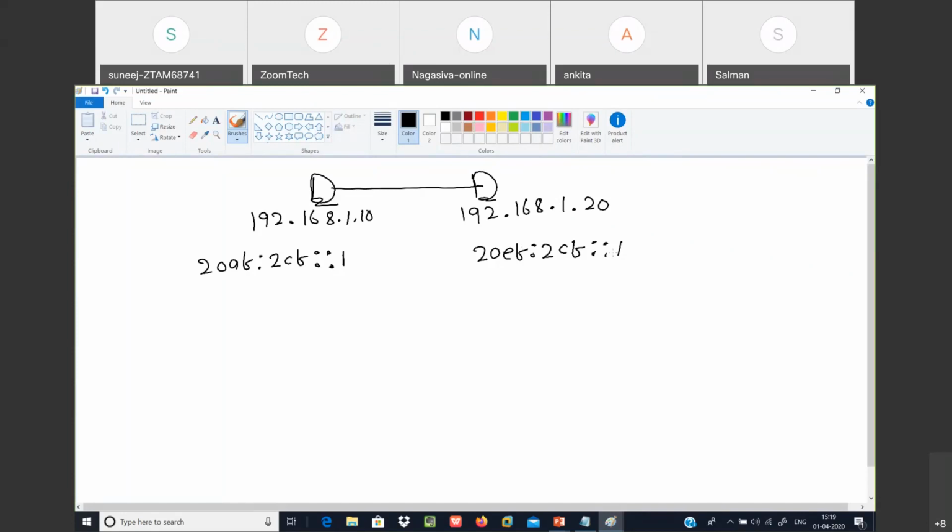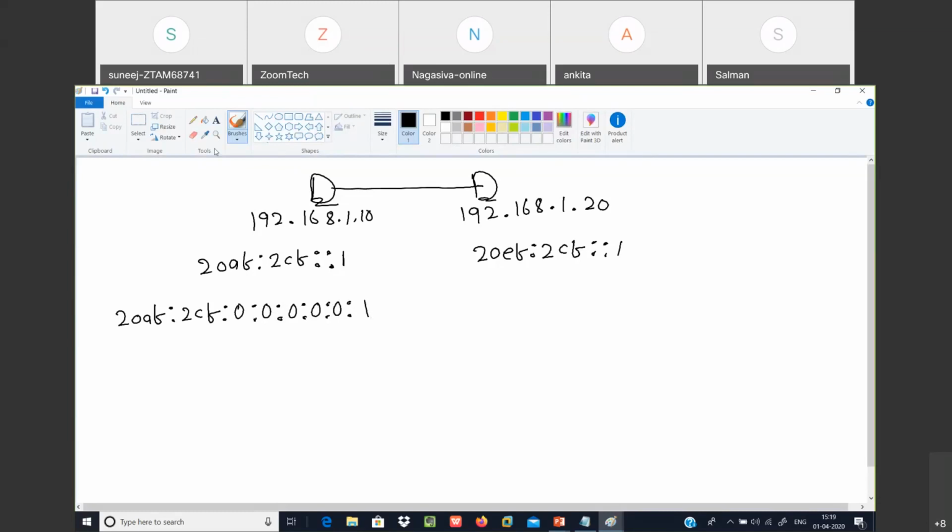But in IPv4, we got the logic. In IPv4, we know which is class A, class B or class C, and which is the network position and which is the host position. By comparing that, we can understand easily, right? So what about IPv6? In IPv6, there are no classes, no A, no B, no C. Then how can we understand the same network or different network position? So first, let me write this IPv6 address in 8 quartet format: 20AF colon 2CF colon 0 colon 0 colon 0 colon 0 colon 0 colon 1.